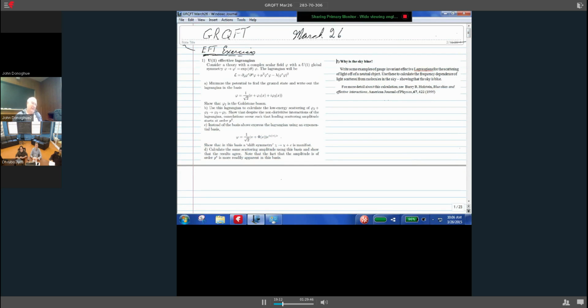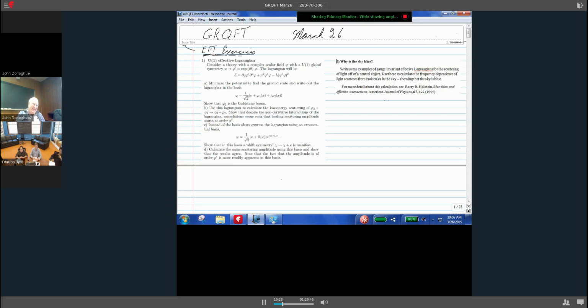Well, the first exercise here is essentially the exercise we did with the ions, but in a U(1) case. Another example of doing a Lagrangian.